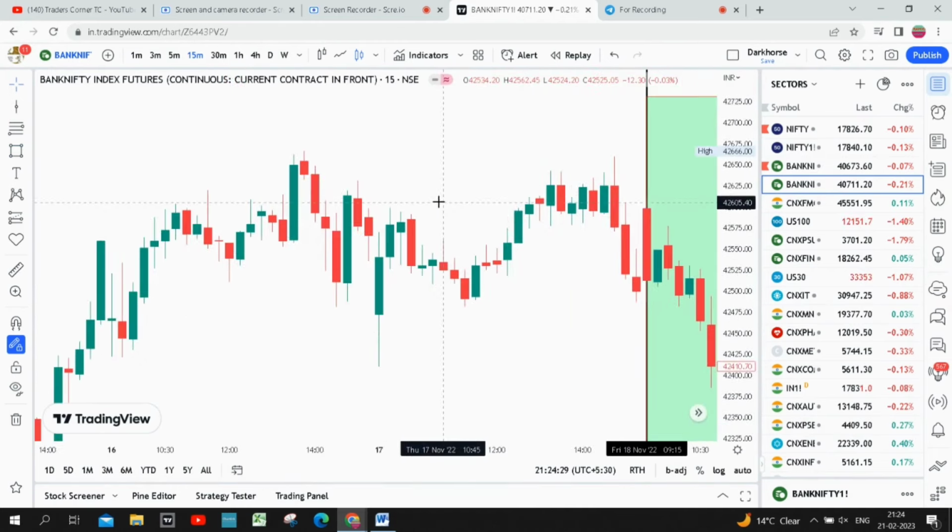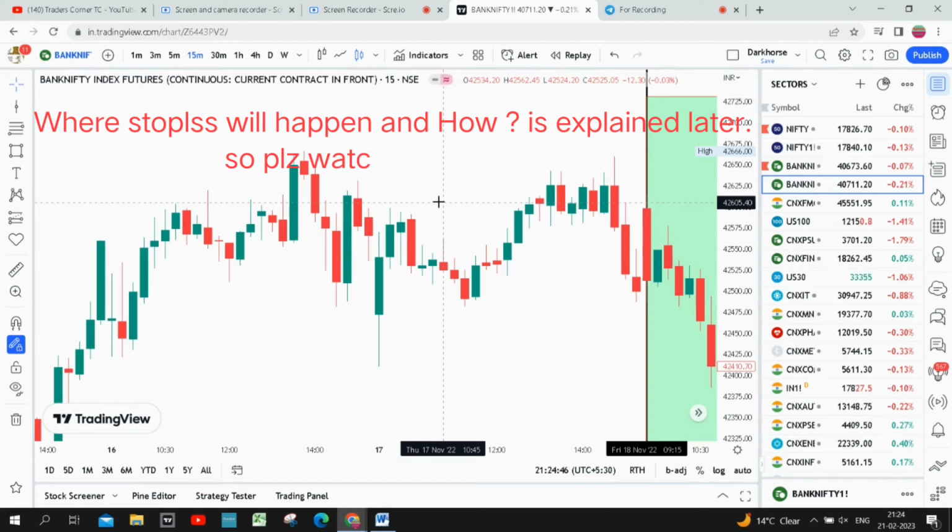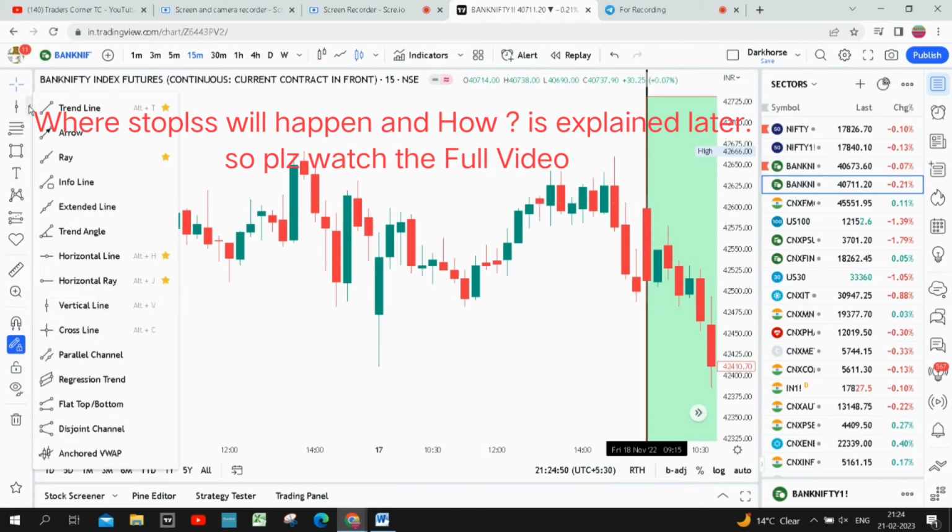One thing: most of the traders out here in India who are doing trading in Nifty and Bank Nifty or in stocks also know about support and resistance. But in the actual market, price doesn't reverse exactly from one single line. When we call it a resistance and draw a line over here, the resistance is 42,666.